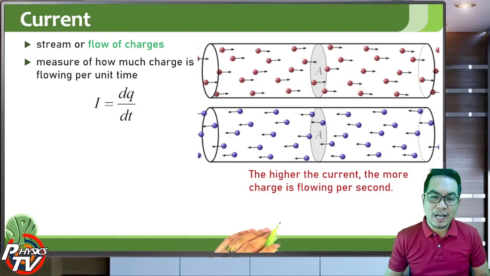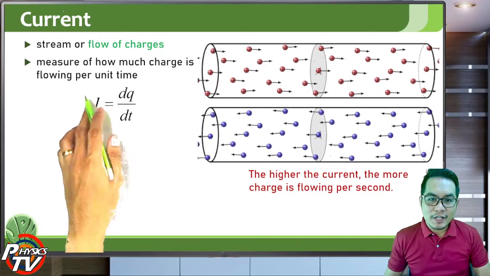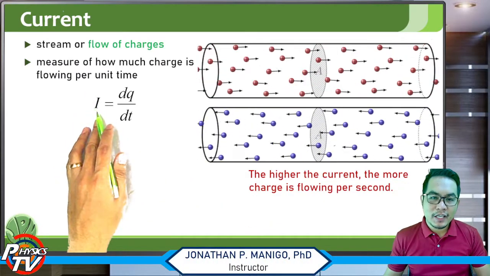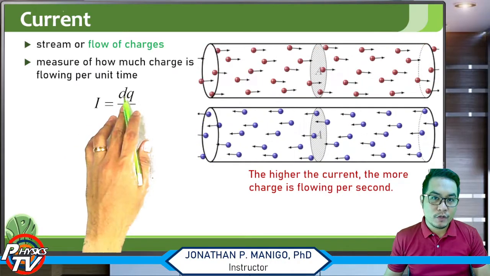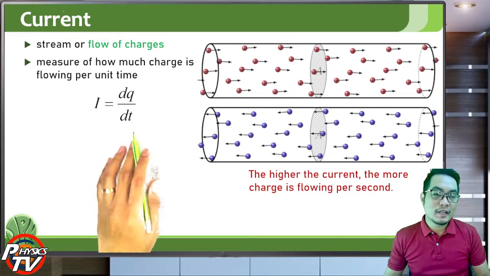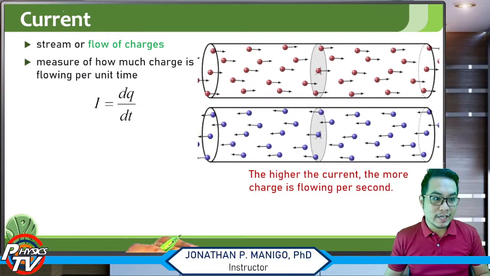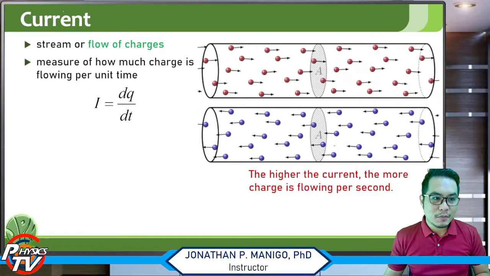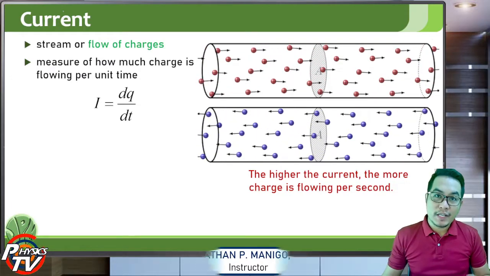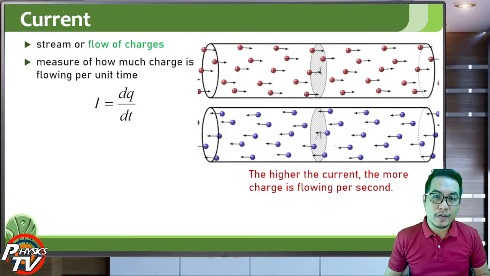So basically, the higher the current, the larger the current, the more charge Q is flowing per second or per unit time. So if you have a 2 ampere current, that's actually twice more charges flowing per second.